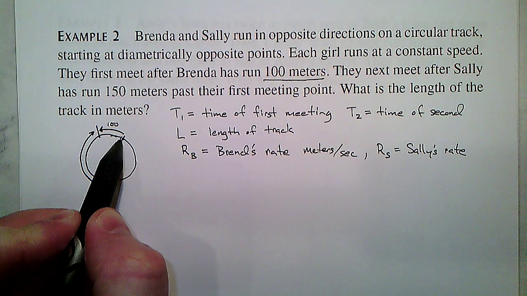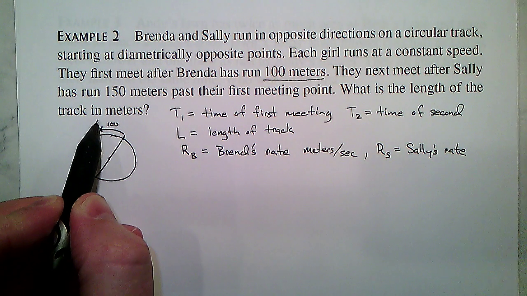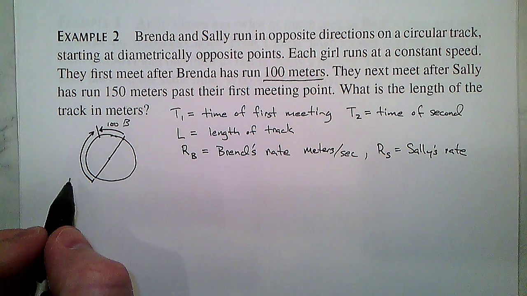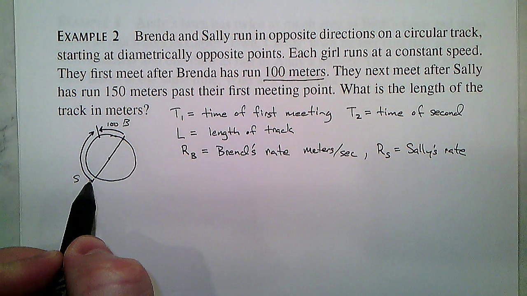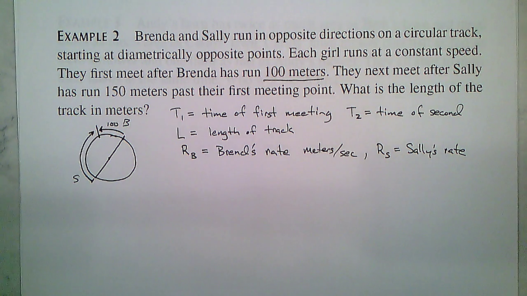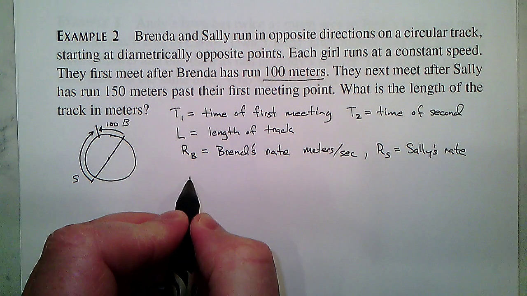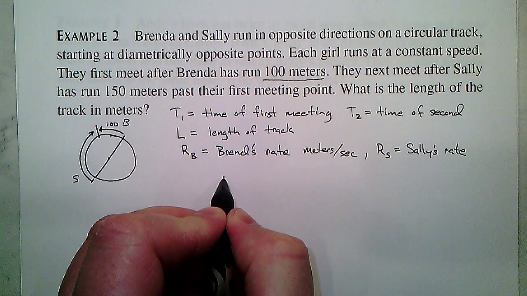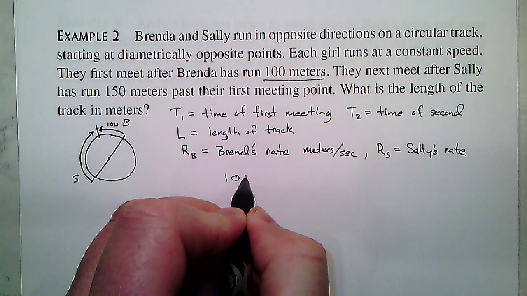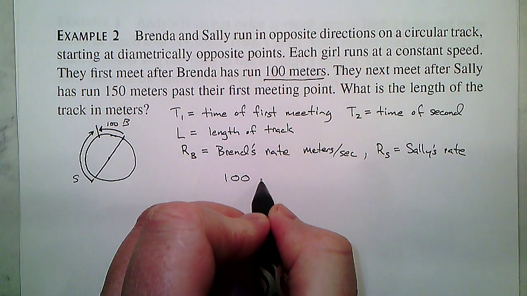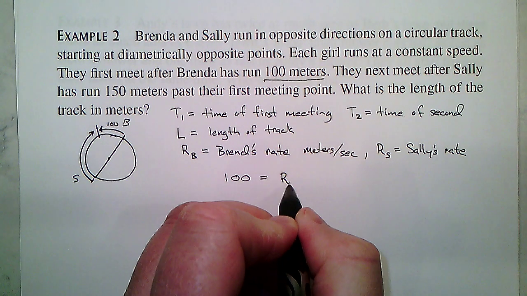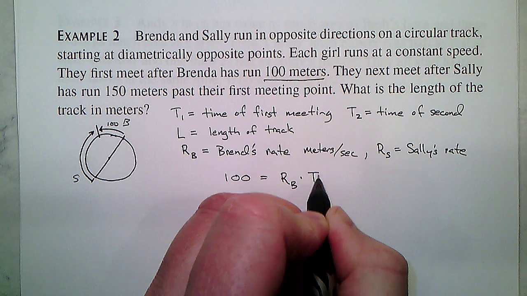Okay, so I know that in the time of their first meeting, now notice the time it takes Brenda to start here, and so we said that we've got Brenda going in this direction and Sally starting here. And the time it takes Brenda to go the 100 meters, Sally has gone all the way to meet her. So that time that it takes for them to meet is the same. So on the one hand, Brenda goes 100 meters. So again, I'm using distance equals rate times time. Her distance equals Brenda's rate times T1.